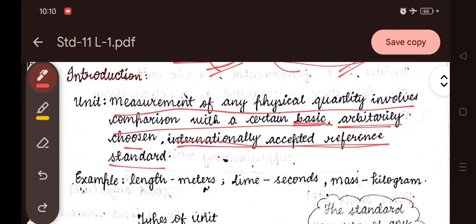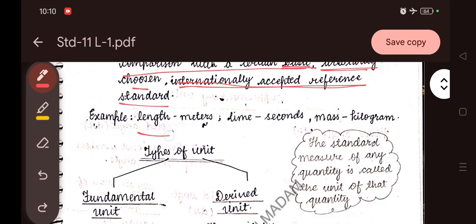Examples of a unit can be given as: for length we use meter as its unit, for time we use second as its unit, and for mass we use kilogram as its unit. These are the units you may have heard in day-to-day life.